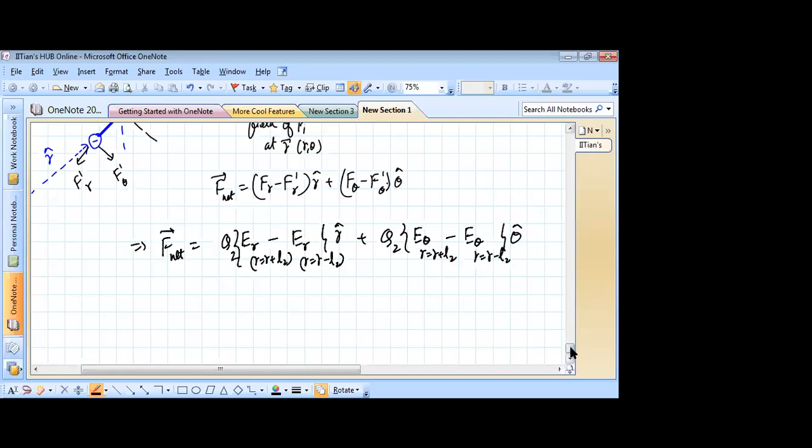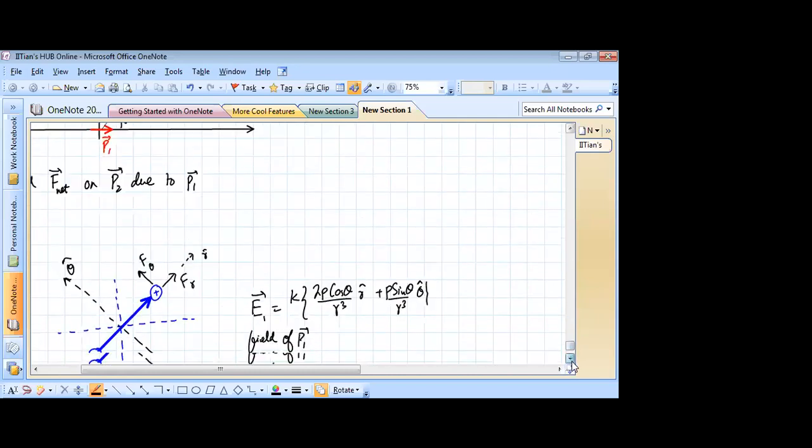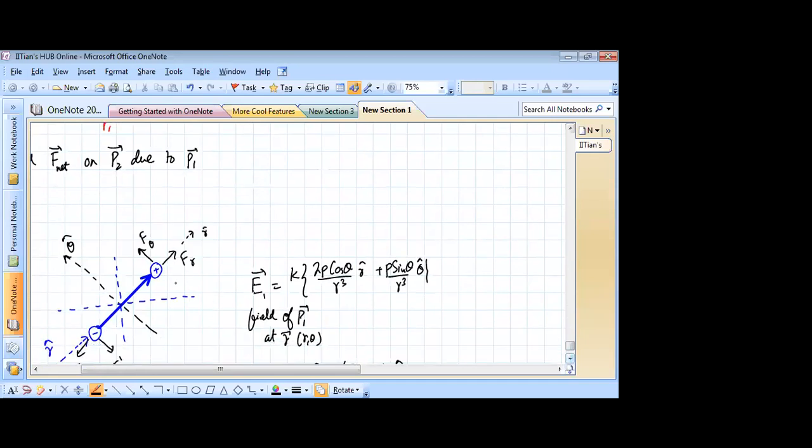Okay, because what is happening is, see, the second dipole has charges plus Q2 and minus Q2, and its effective length is L2, I mean 2L2. So this center point has coordinates R, theta. So therefore plus Q2 is at R equal to R plus L2, and minus Q2 is at R equal to R minus L2.